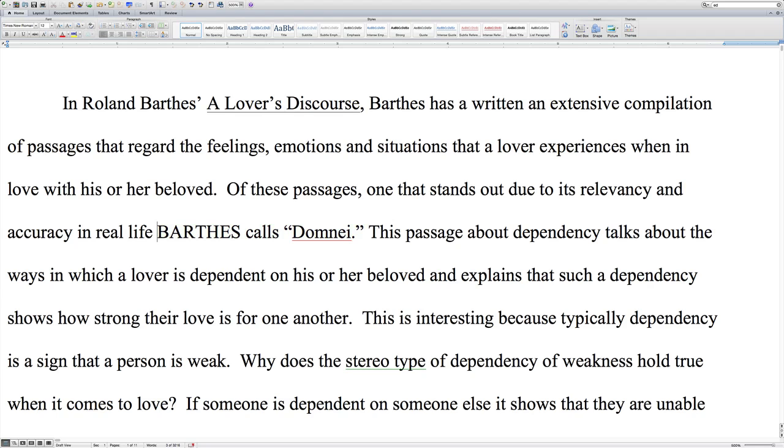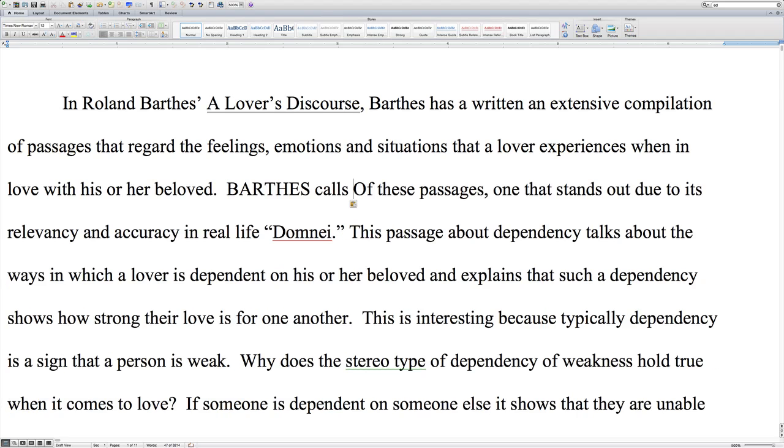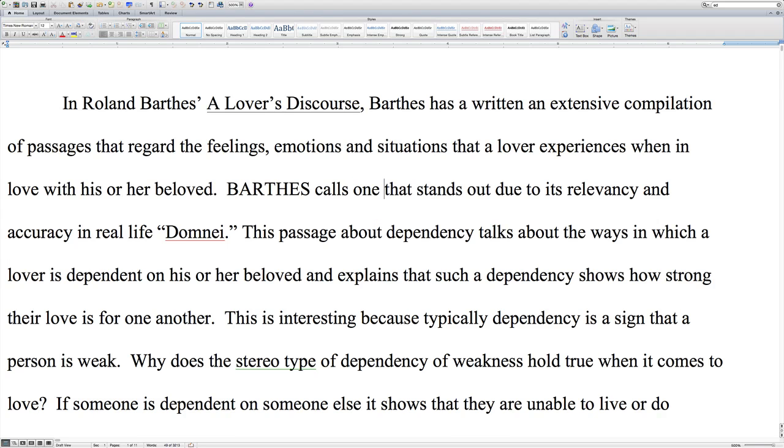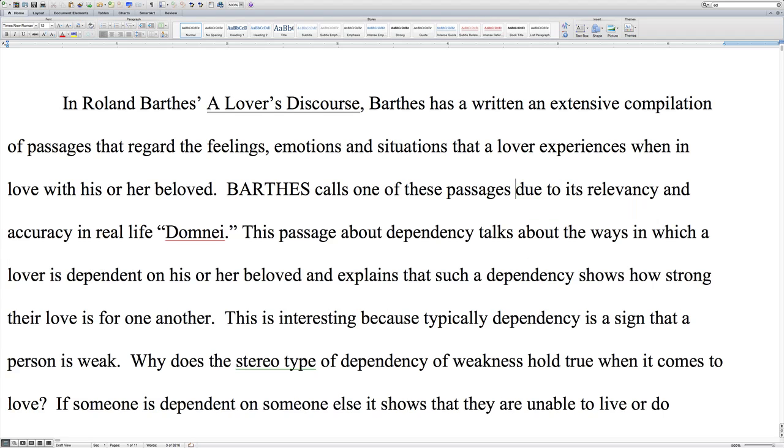Okay, why don't we maybe move the "Barthes calls" part out of here? Maybe just put it right at the beginning. "Barthes calls," okay, "one that stands out." Why don't we get rid of "these passages, one that stands out"? "Barthes calls one of these passages Domne."